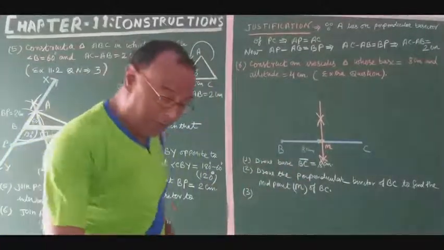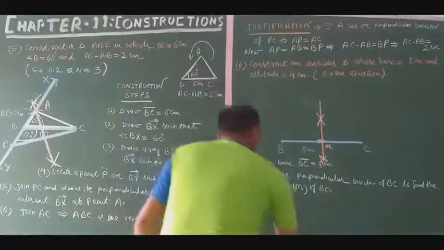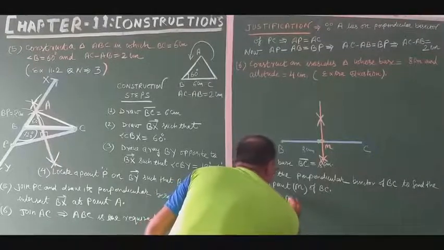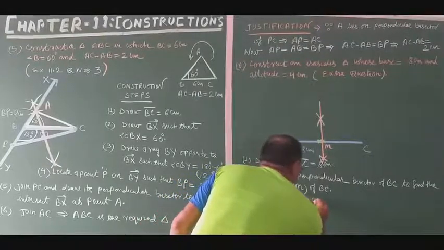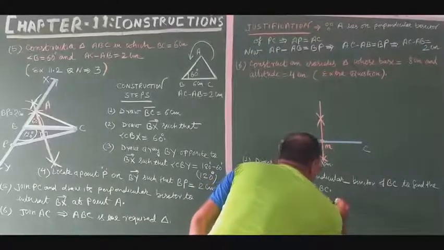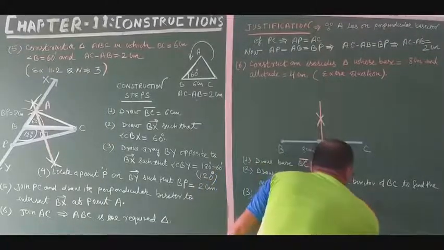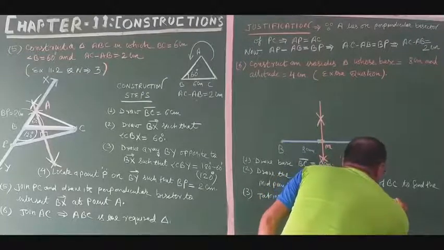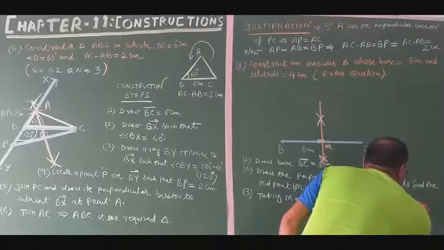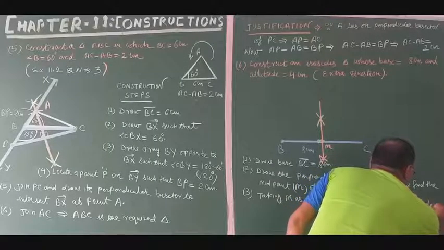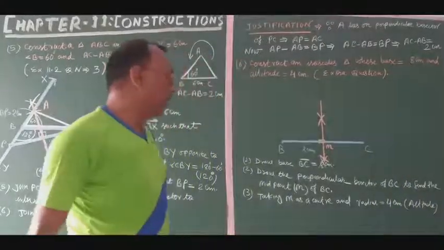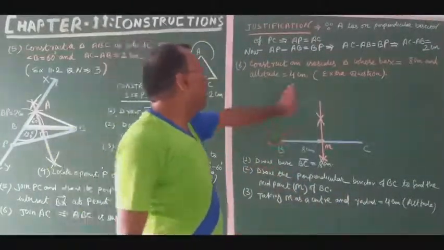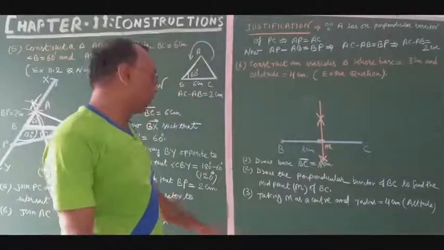Now, taking M as a center and radius equal to 4 centimeter. That is the length of the altitude. Now you will take M as a center and radius equal to the length of the altitude, that is 4 centimeter.